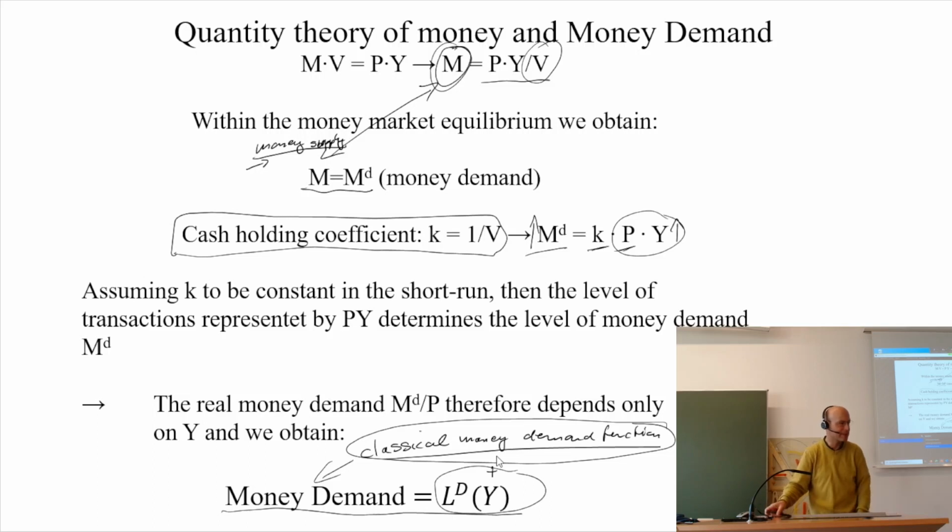So the direction of dependence on income is still the same, but in this case we say the dependence on interest rates is not that important, and therefore we leave it out.